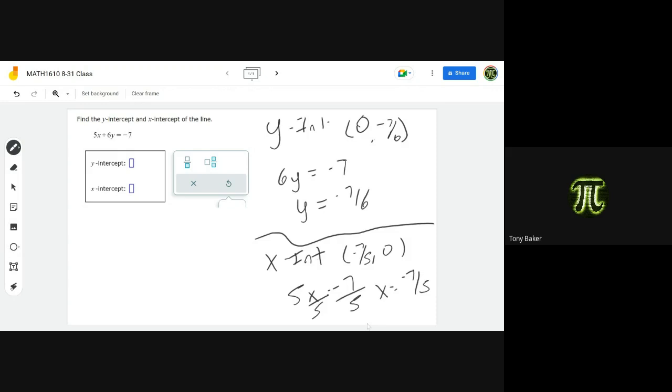So parenthesis is an open circle, a bracket is a closed circle. So parenthesis means that point's not included in the domain. It could be parenthesis, and it doesn't necessarily have to be parenthesis bracket. So you can interchange them, or you can just have the parentheses. The bracket means that point's included.